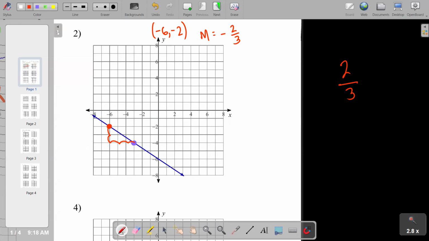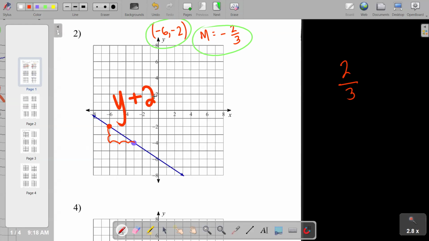Now that you have these two pieces of information written down, there's nothing stopping you from writing the answer to the problem. I have everything I need to write a point slope equation. So it's going to say y minus -2, aka y plus 2.